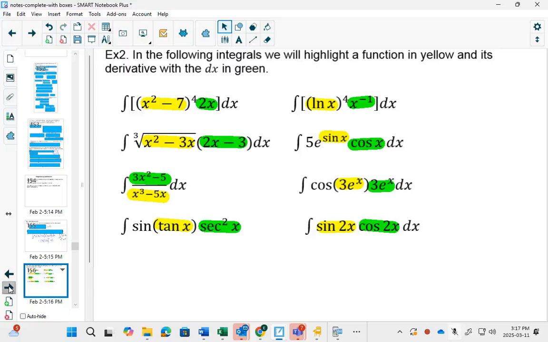So our goal here is to see if we can see a derivative in the equation, and also we're looking for an original function that might be inside of another function.